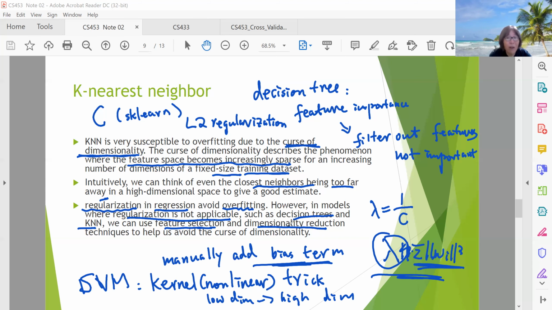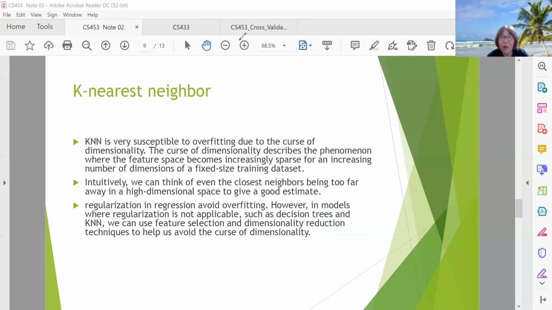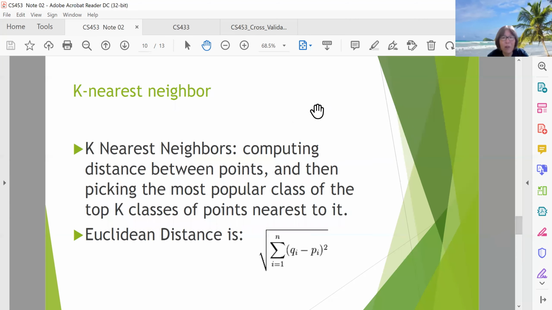And over here, we need to do dimensionality reduction to overcome the overfitting issue. So you can see it's based on the need.